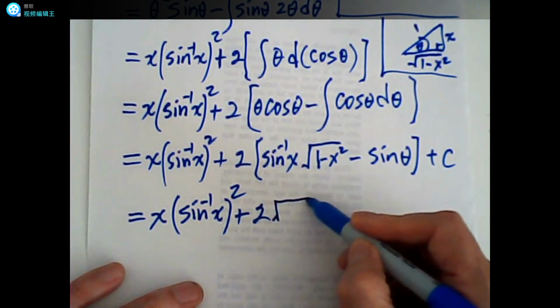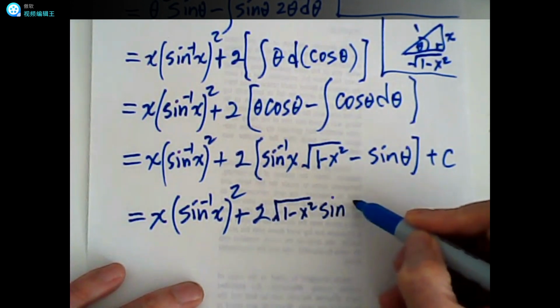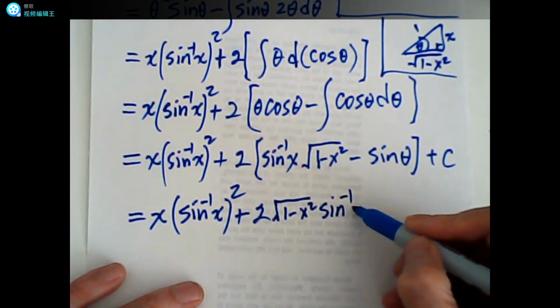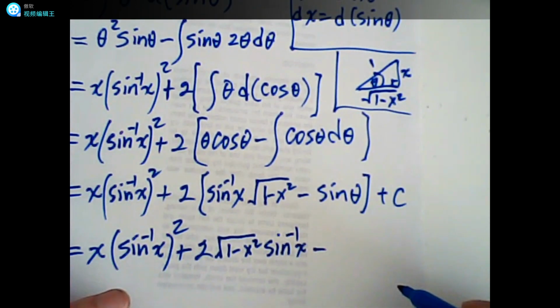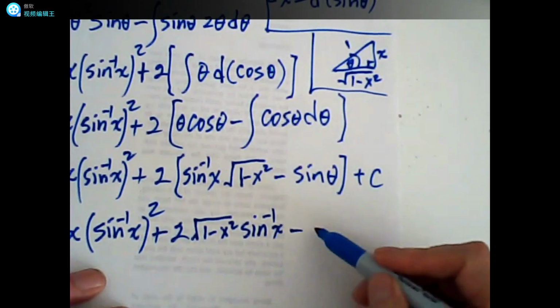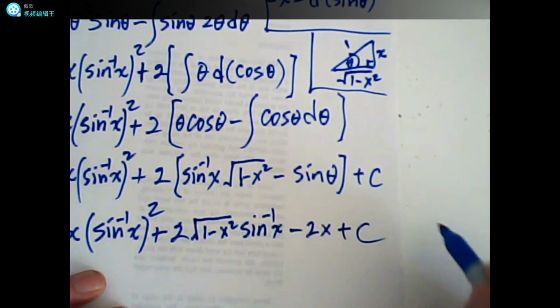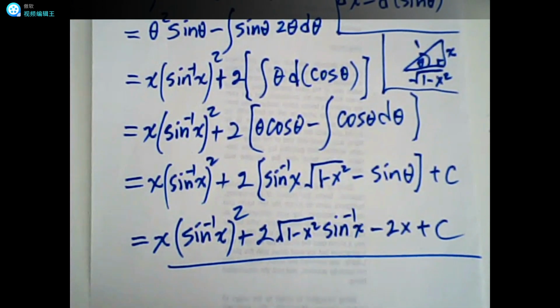So this is the square root of 1 minus x squared times arcsine x, minus 2 times sine theta, which is x, minus 2x plus c. That is my result of the integral.